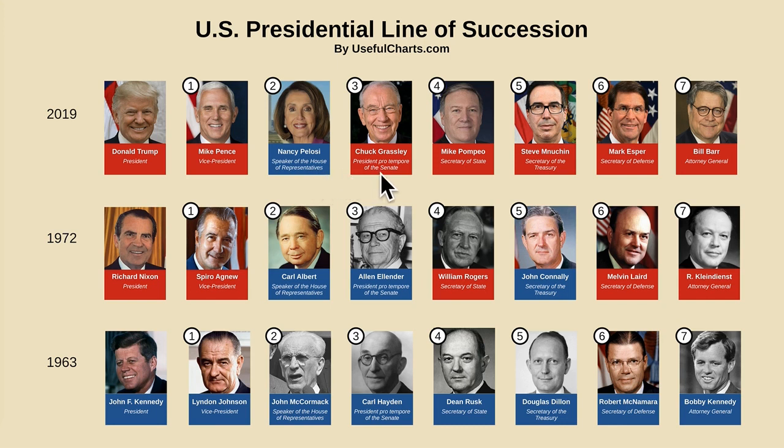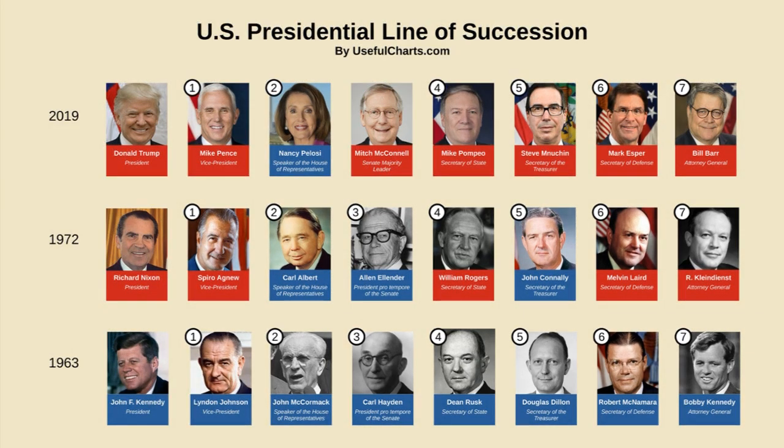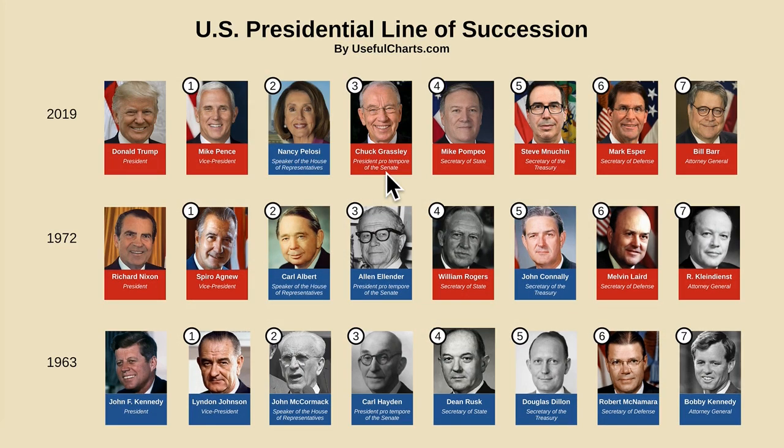Now in the Senate, the leader of the party with the most seats is called the Senate Majority Leader. That person is currently Mitch McConnell. But the Senate Majority Leader is not actually in the line of succession. Instead, whichever senator holds the title President pro tempore is next in line.